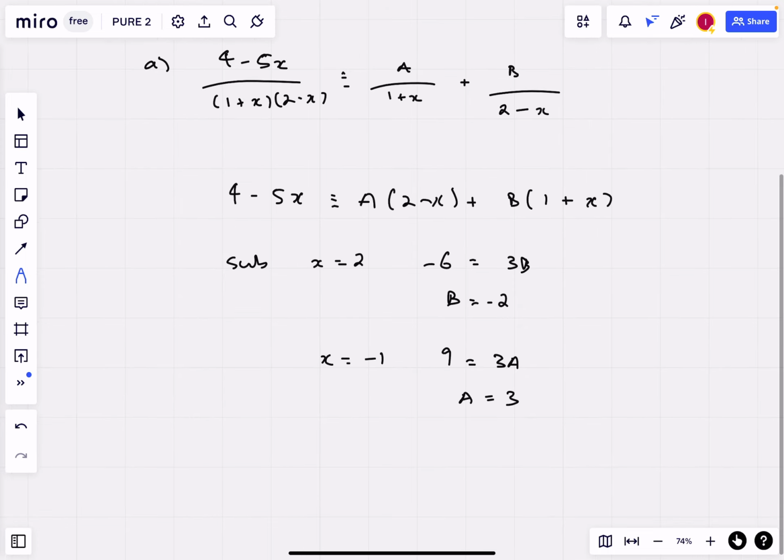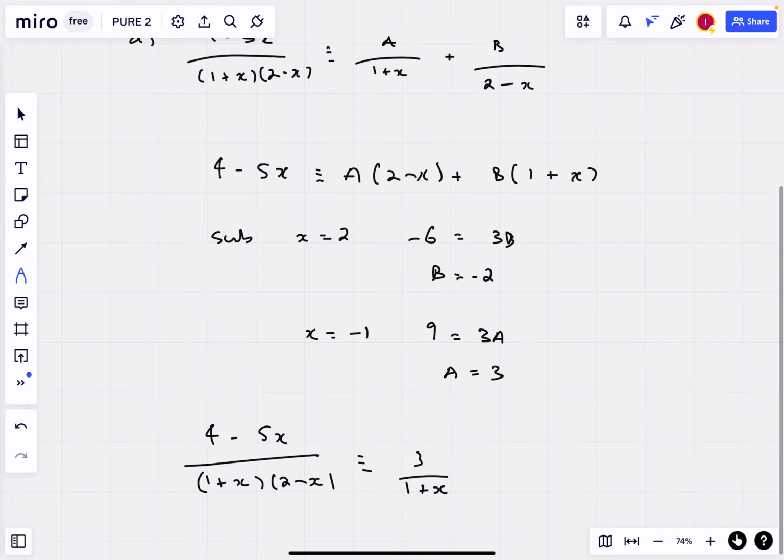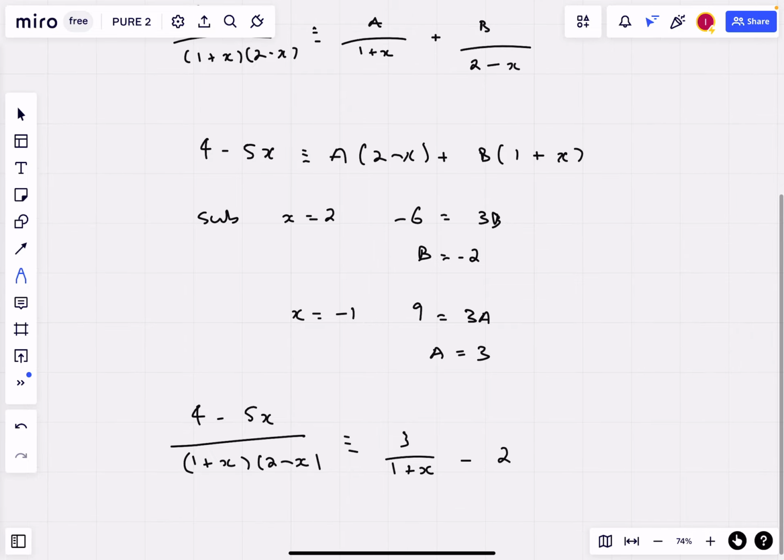So that means you can rewrite that fraction 4 minus 5x over (1 plus x)(2 minus x) as 3 over 1 plus x minus 2 over 2 minus x. That's what you should have gotten after doing partial fractions.